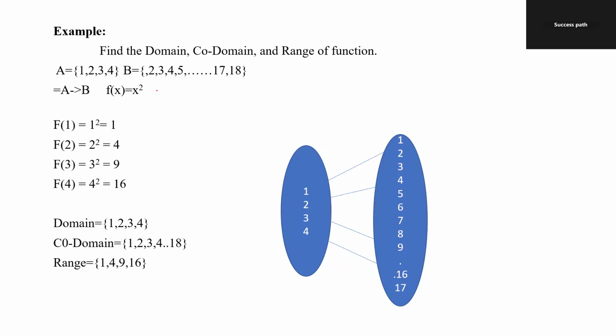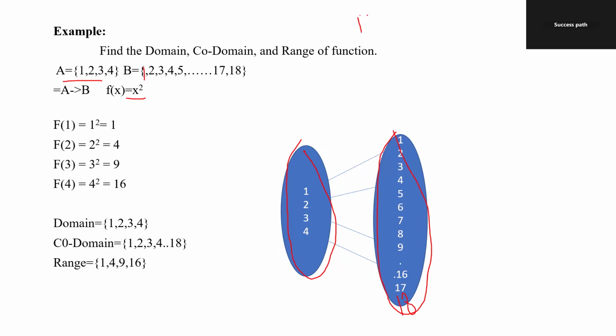Now you can see an example. Find the domain, codomain and range of the function. First, they have given A equal to 1, 2, 3, 4. B they have given as 1, 2 up to 18. I have drawn the domain here, and the codomain up to 18. Now, what is the function? f of x equal to x squared.